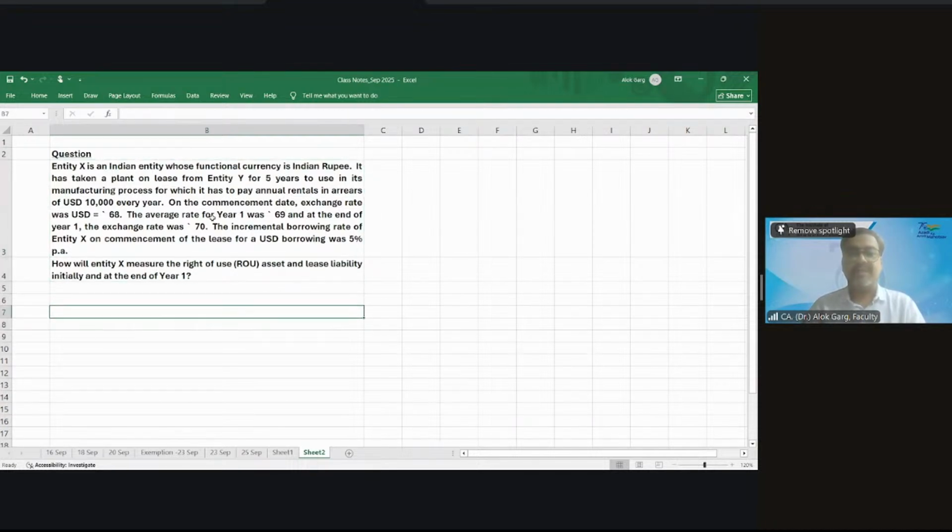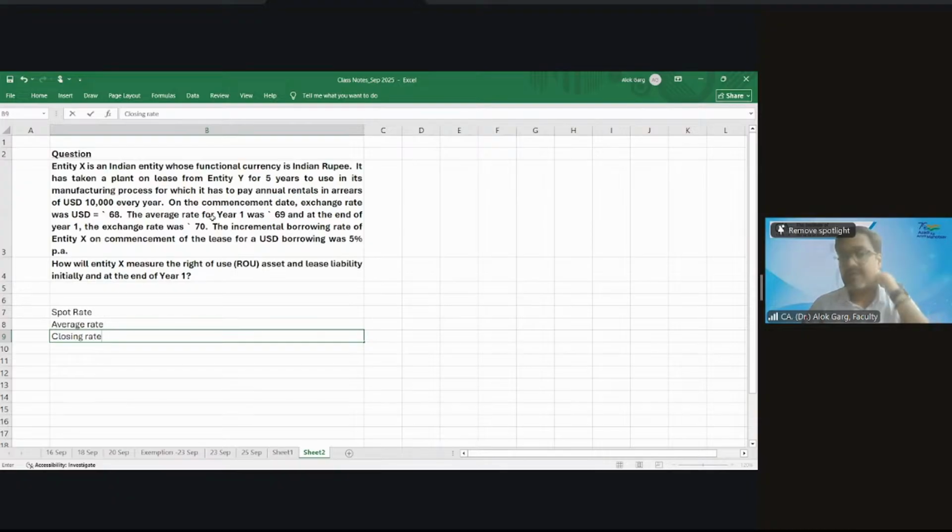So the commencement date rate is given, which is the spot rate. The average rate is given, and the closing rate at the end of year 1 is also given.